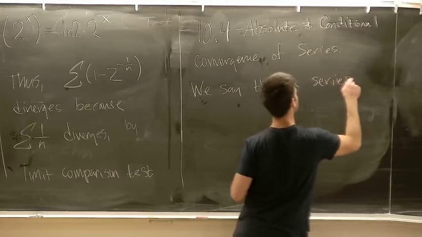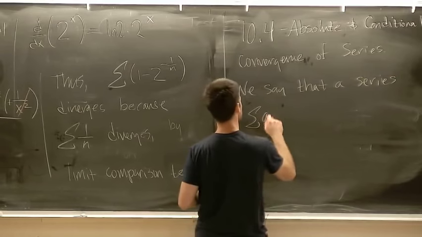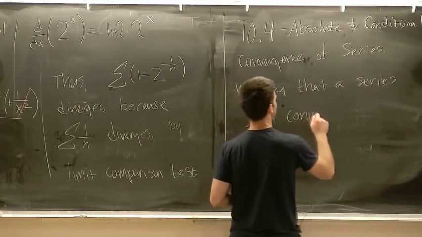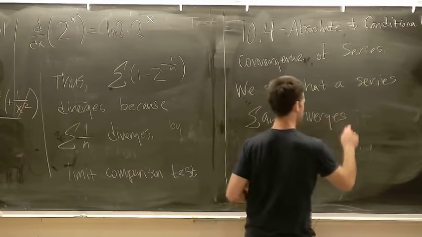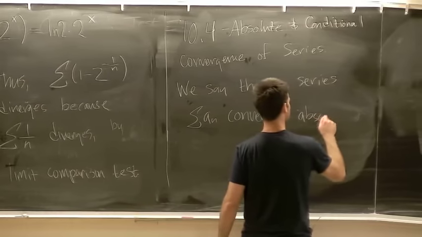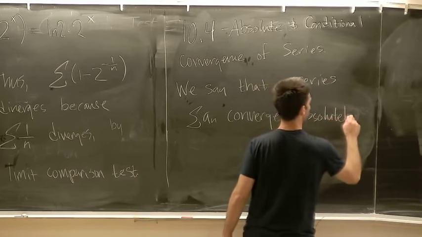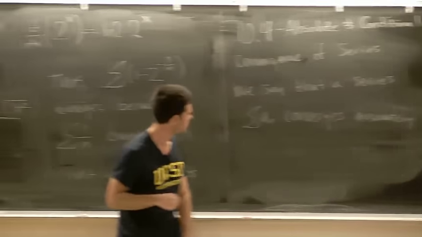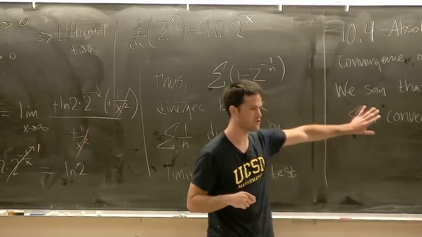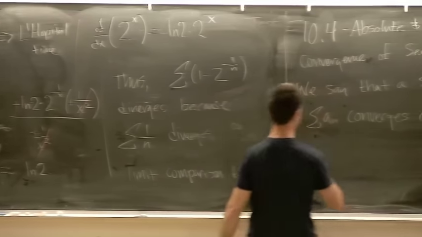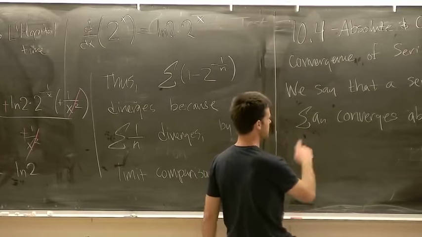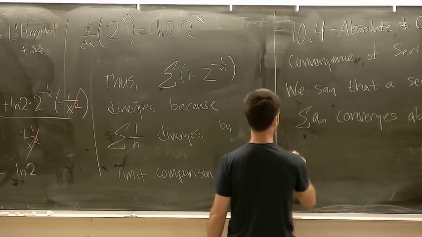So we say that a series converges absolutely if the series where all the terms are positive converges. In other words, the series of absolute values converges.